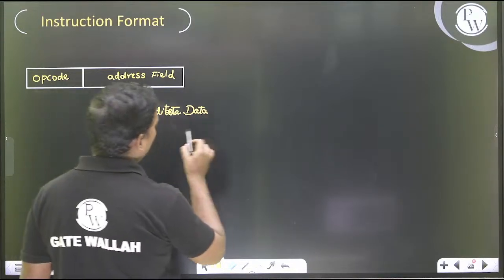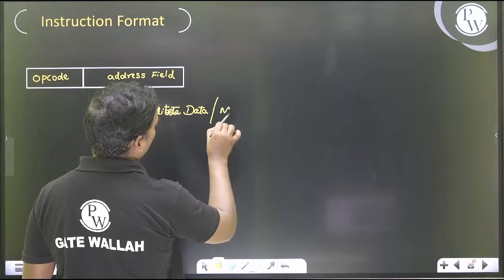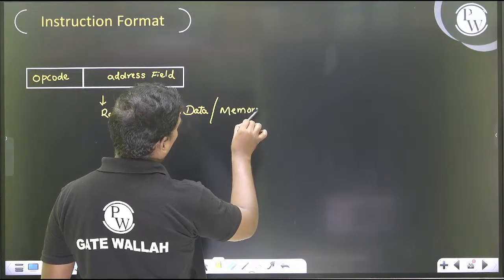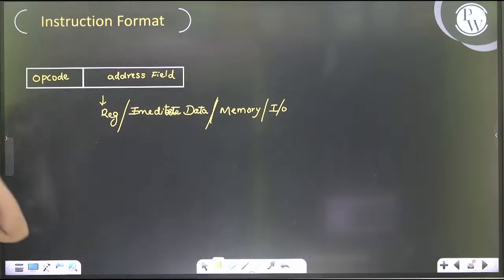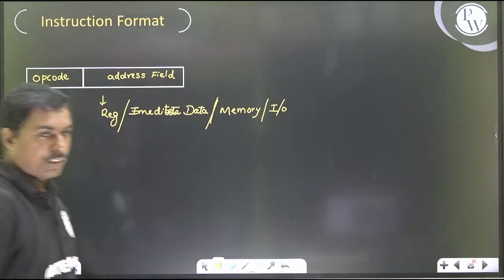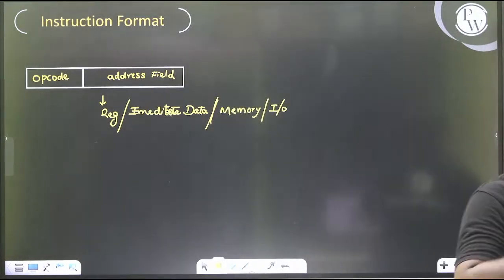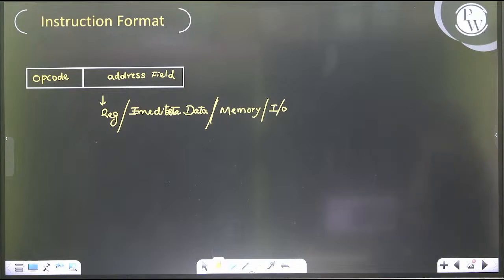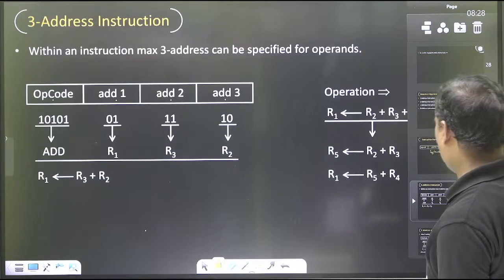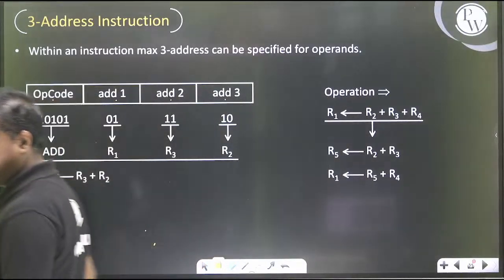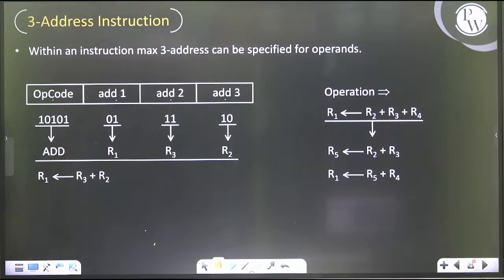This address field also can be an IO location. Memory location, IO location. Got it? This is the instruction format. So if you see the 3 address instruction, 2 address instruction, 1 address instruction.